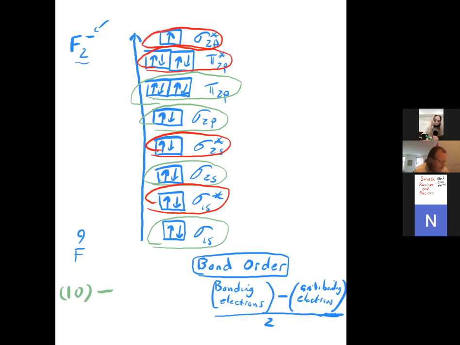So it looks like you got 2, 4, 6, 8, 9. Okay, divide it by 2 to get the bond order. So 10 minus 9 is 1. Divide that by 2, you get a half, 0.5. So the bond order for this one would be 0.5.